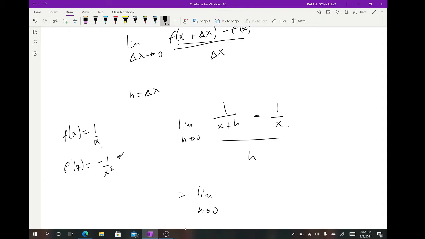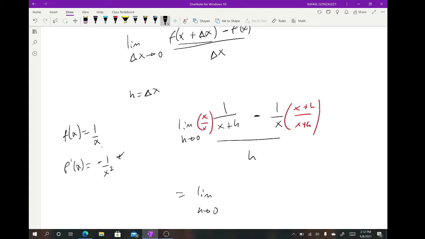I could also use the LCD, find the LCD of the fractions and then multiply through by it, but I don't like doing that. But you could do it. So I just multiply by what's missing. On the fraction on the left side, what's missing is an x over x, and on this one we're missing an x plus h over x plus h.